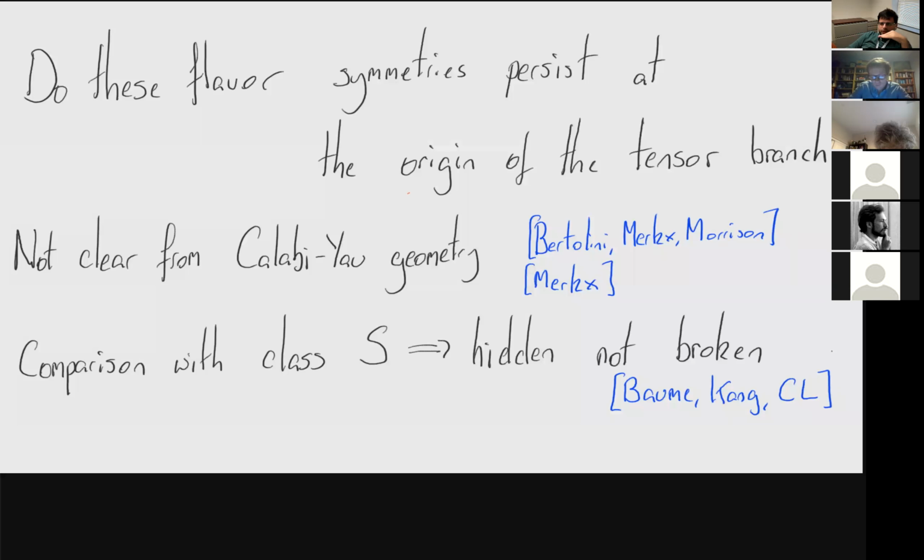Craig, do you claim that always the symmetries on the tensor branch are the symmetries of the fixed point? So there's one family of counterexamples to this, which is if you take an SU2 gauge algebra with 8 fundamental flavors, then the symmetry is SO7 instead of SO8 at the origin of the tensor branch.